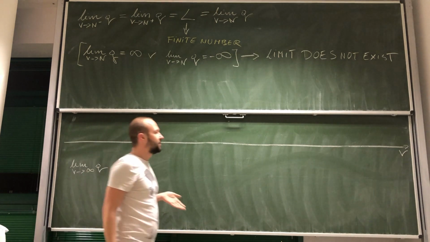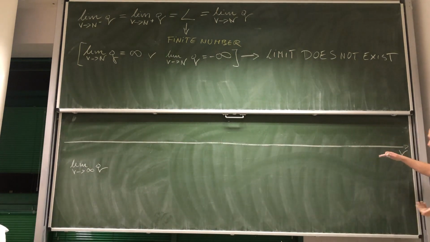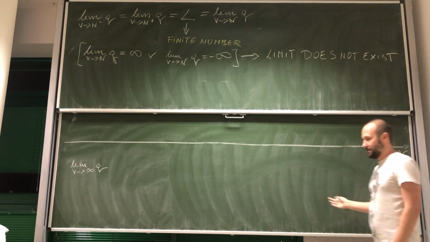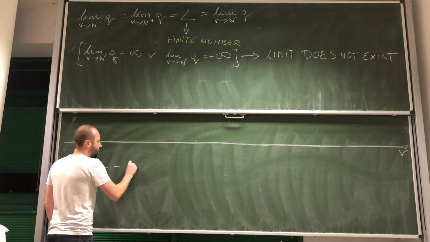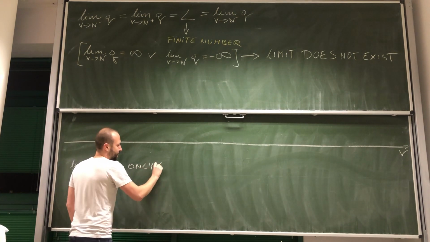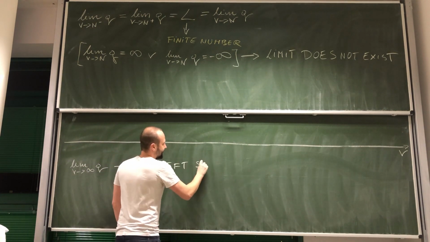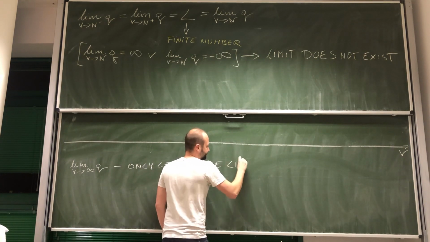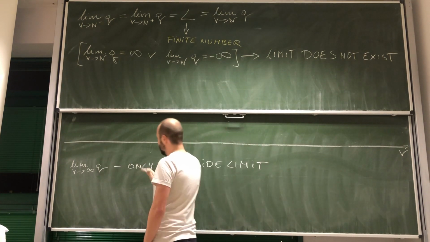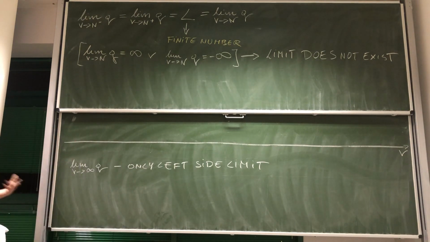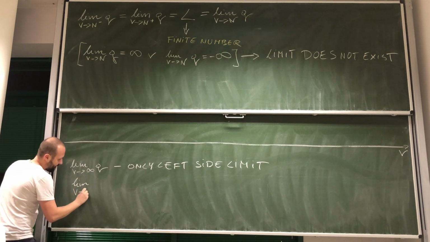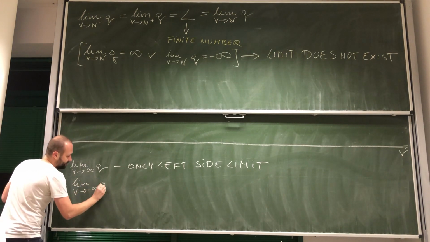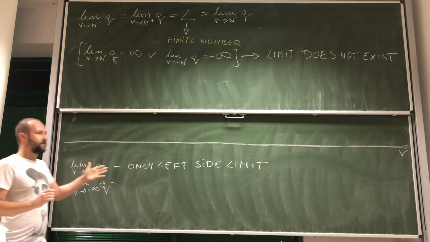So, can I actually approach this? Can I approach infinity from the right-hand side? I can't. So in this circumstance, we can calculate only the left side limit. Now, on the other hand, if I would like to calculate the limit with v approaching negative infinity, then where is negative infinity?